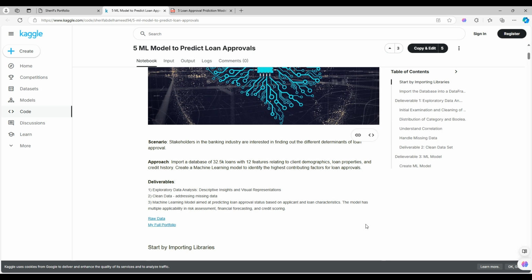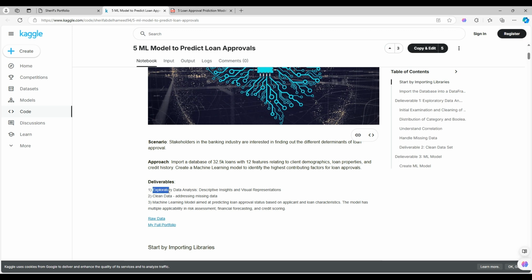So here we have the Python code for the project. What I like to do generally is to chop up the objective into certain deliverables so they are easier to deal with. So basically I set out three deliverables.